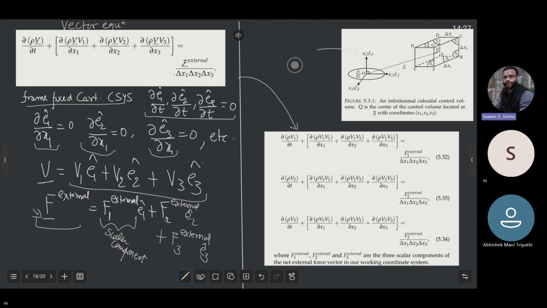Right? Basically, after substituting all this, you will club all the coefficients of E1 together on the left hand side, E2 together on the left hand side, E3 together on the left hand side, and same thing you will do on the right hand side. And then you will say that E1, E2, E3 are mutually perpendicular. That's why the coefficient of E1 on LHS should be equal to the coefficient of E1 on RHS.